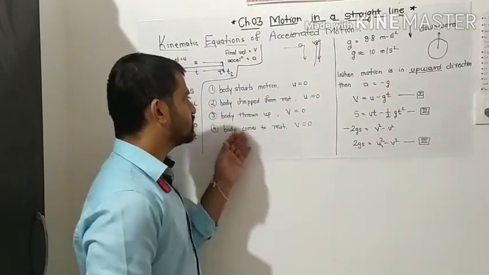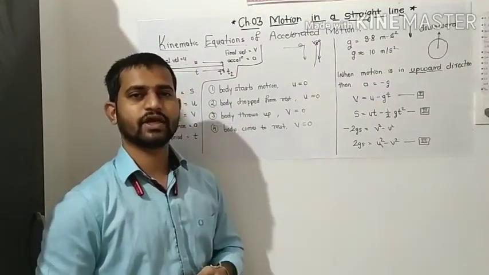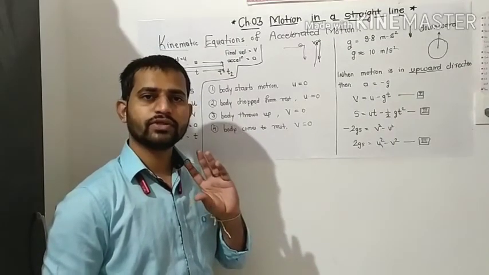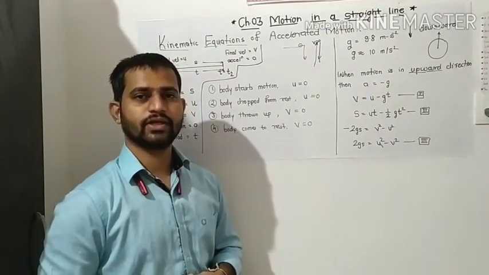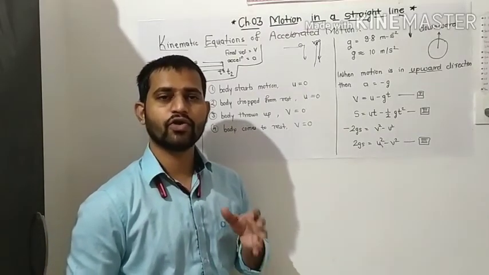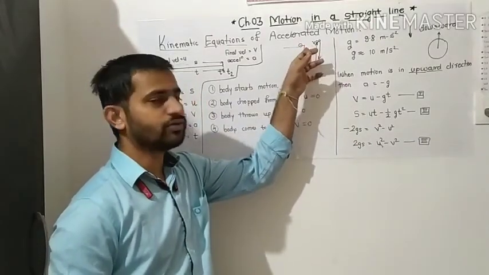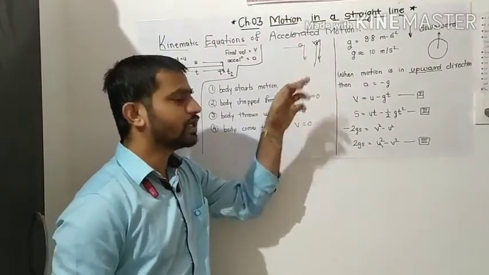So likewise some sentences are there in our numericals, and whenever such type of sentences are present, we have to understand that sentence carefully. When the body starts, it has the initial velocity u equal to 0. When the body drops from the rest, initially it has 0 velocity and moves in a downward direction.